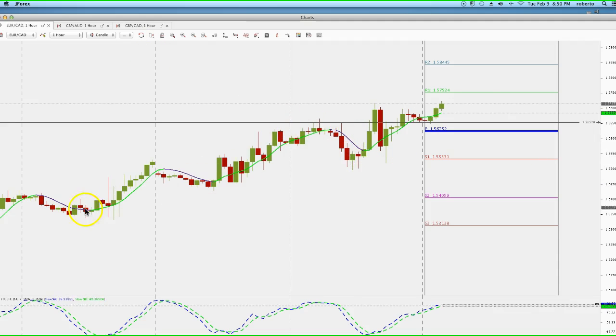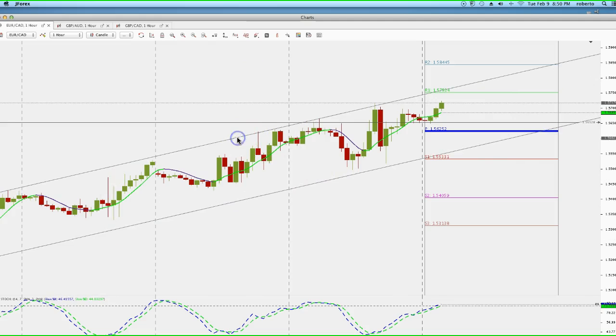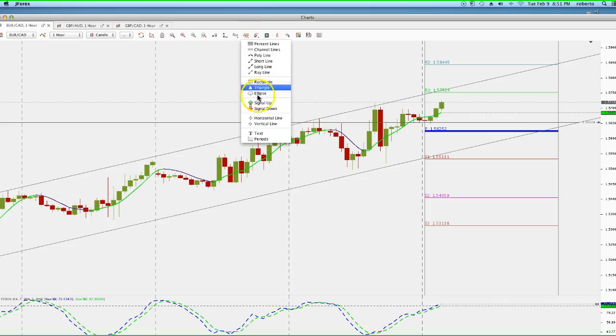On the 1-hour chart, the market's in an uptrend. If we take our channel lines, we see higher highs and higher lows, with stochastics oversold. Then we have candlestick patterns indicating the market has finished its retracement: a doji and another doji, or spinning top, and the market breaks above this doji.